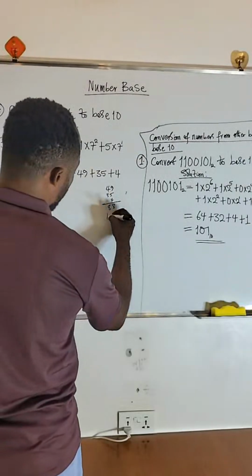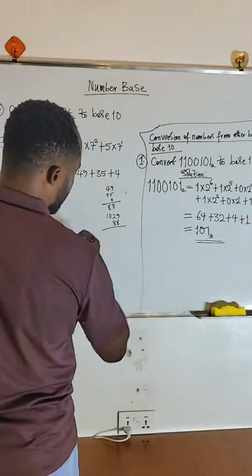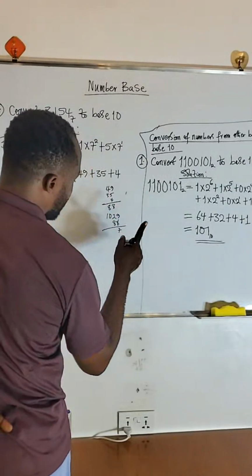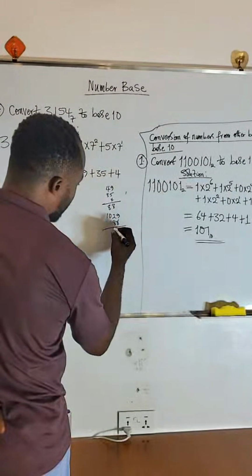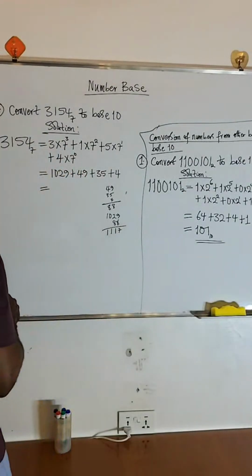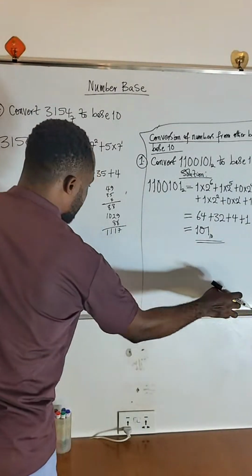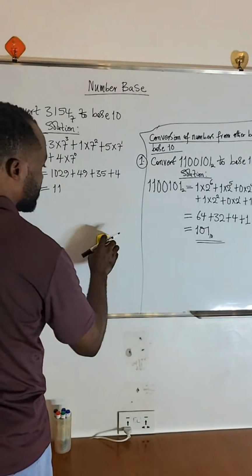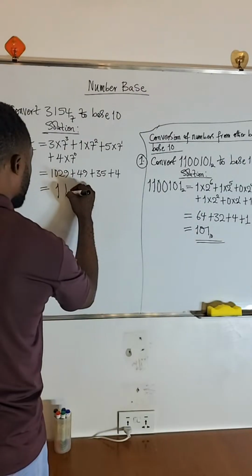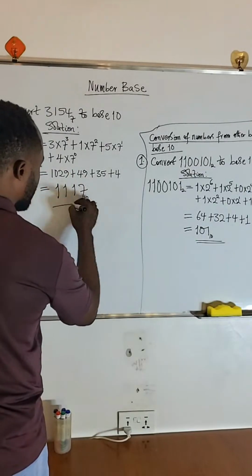Now, 1029 plus 8, that's going to give you 17. You keep 7, carry 1. This is 10 plus 1, 11. Keep 1, carry 1. All right. So that becomes 1117 in base 10.